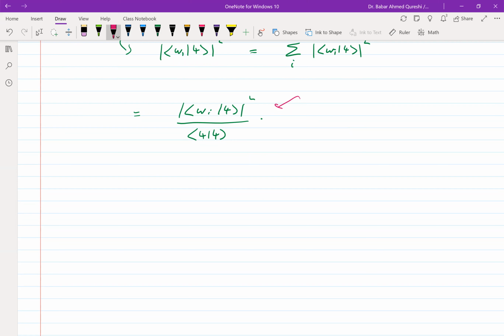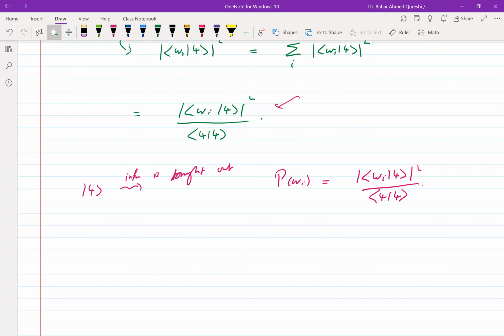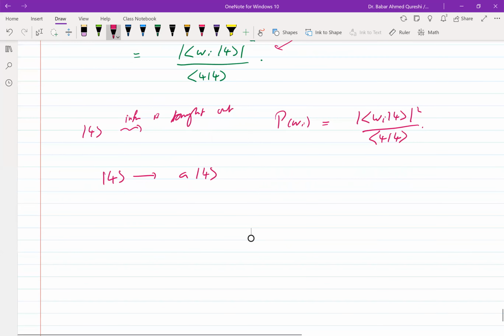So all we care about is all the information in psi, information is brought out through these probabilities. That's all you have. And so that means if I change psi by multiplying with any complex number, a psi, what happens to the probability?